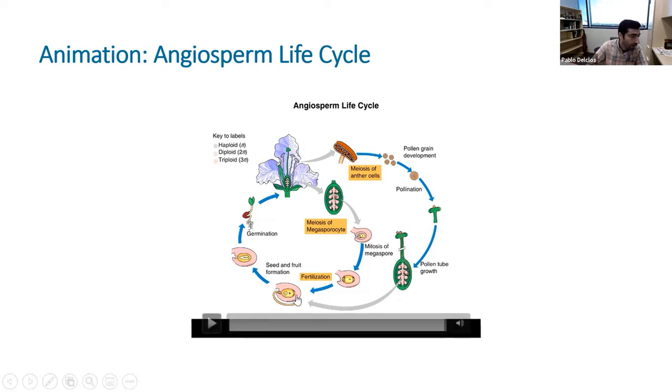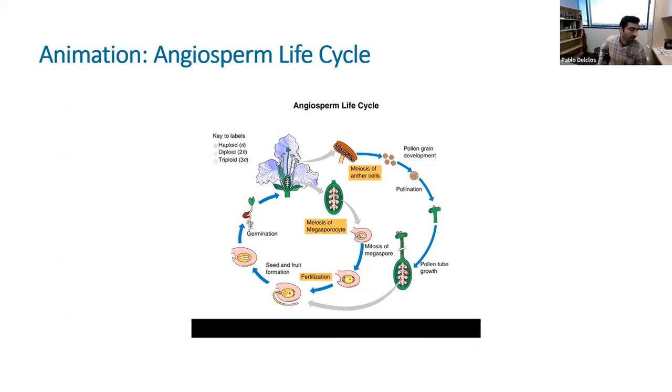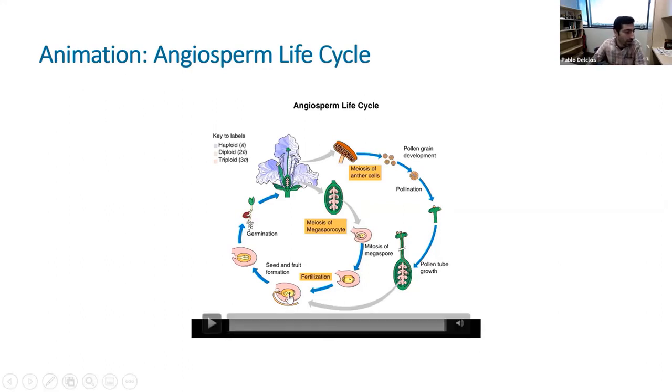One of them forms the embryo, which is a diploid structure, and the other forms the endosperm, which is triploid and serves as the early nutrients for that developing embryo until it gets large enough to fend for itself and become its own plant. So some vocab terms you want to be familiar with.